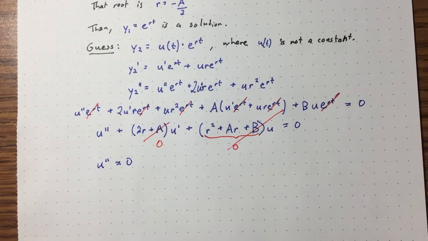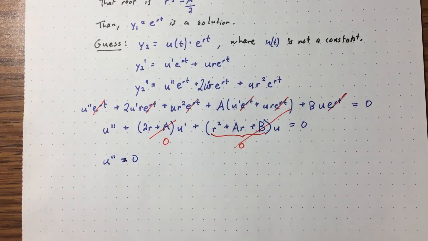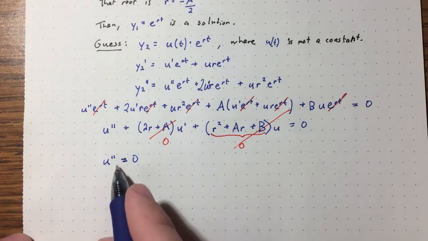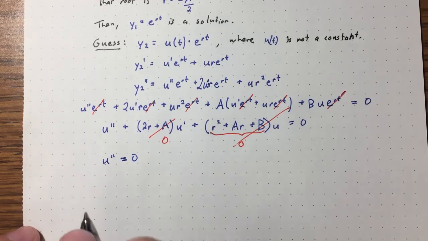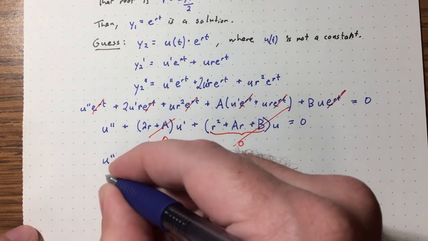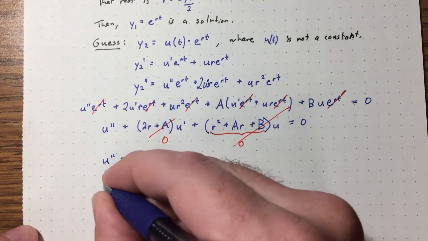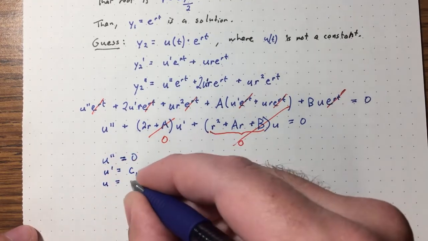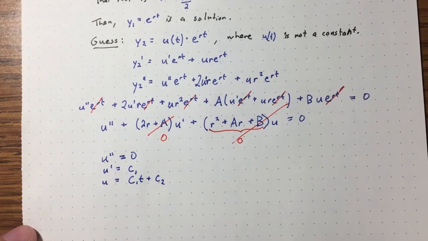So that simplified quite a bit. And this is a differential equation we could have solved on the first day almost, right? You can just solve it by taking antiderivatives. So if u double prime is 0, what's u prime? It's a constant. And then what is u? Well, it's c1 t plus c2, right?